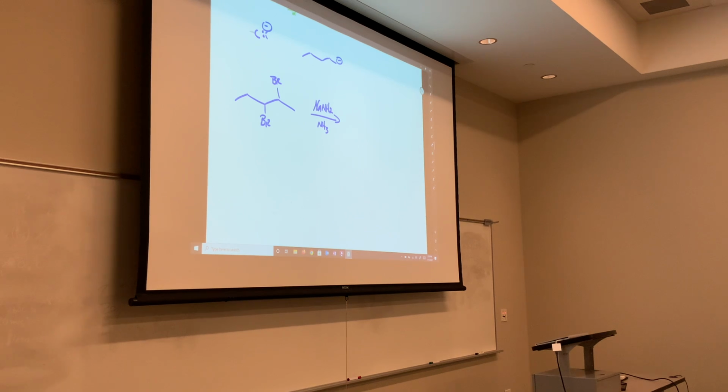There's another one, but that would be a minor product. We'll use a major product in this case. So you're having this act as a nucleophile. What would happen if you approached it from that side?